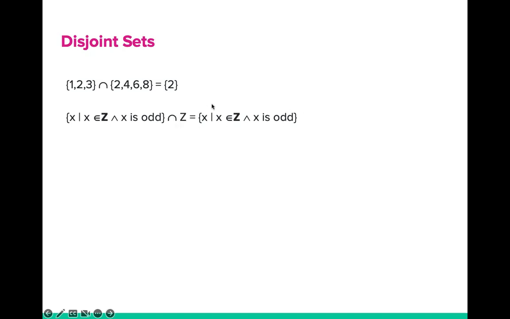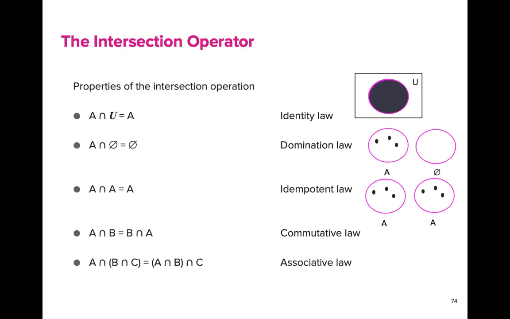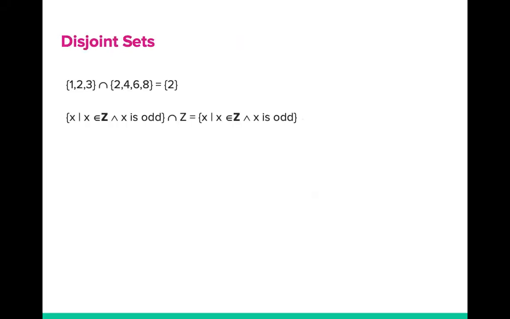So this will basically yield itself. What law does it use? It uses the identity law. Okay, so this will result in itself, the set of x such that x is in Z and x is odd.